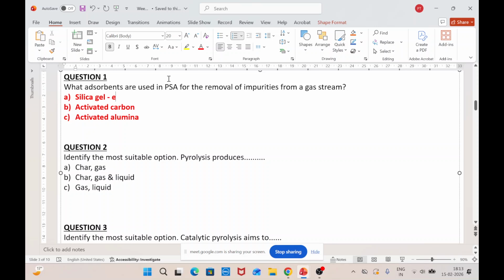For example, silica gel will remove ethane, propane, all sorts of hydrocarbons specifically speaking. Whereas activated carbon will try to adsorb methane and carbon dioxide, and in case of activated alumina, it will be only water.